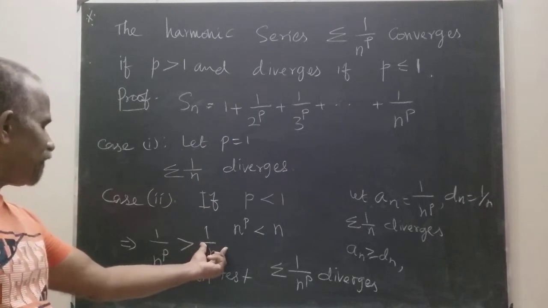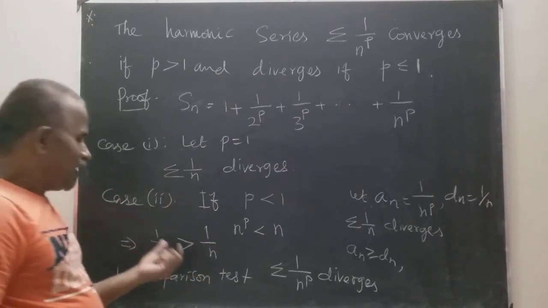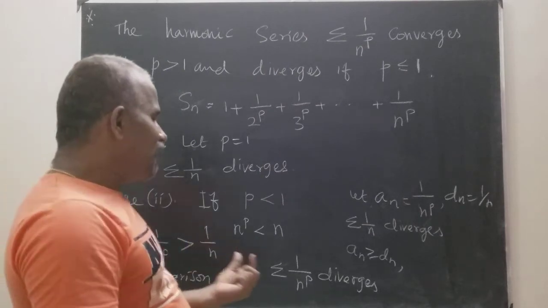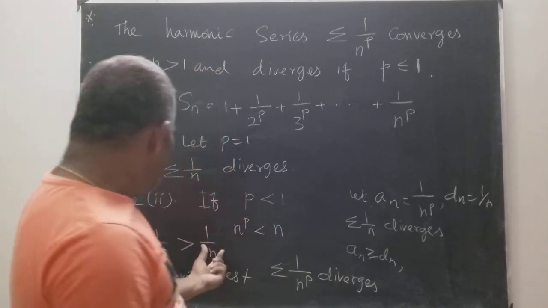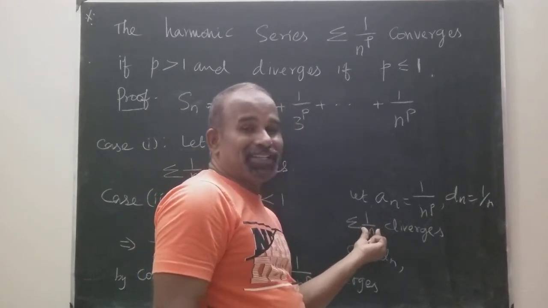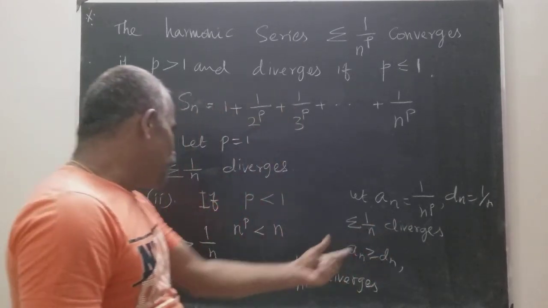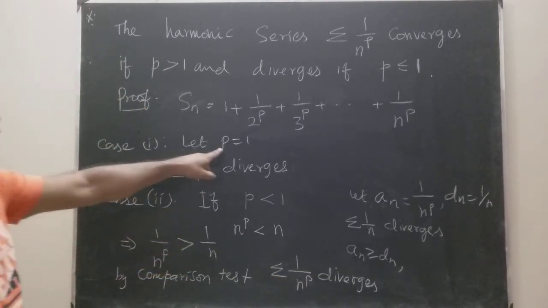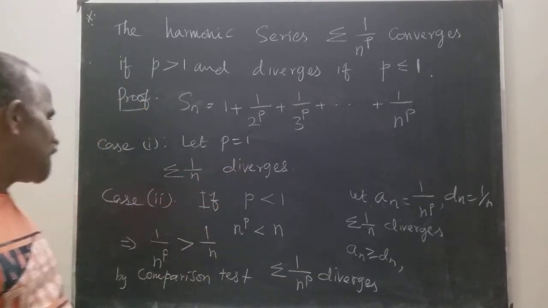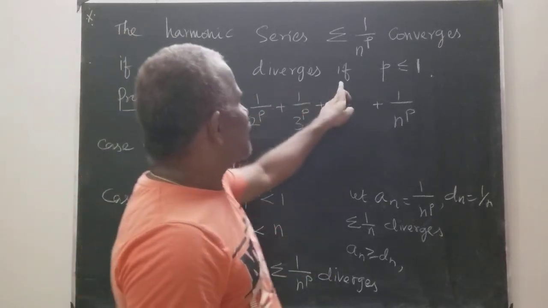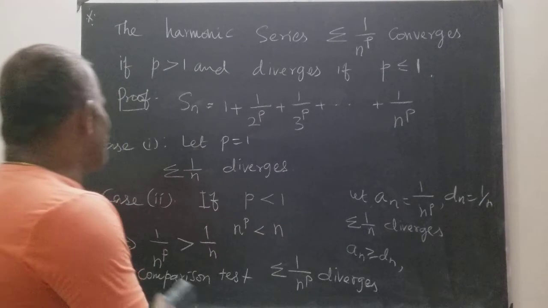Therefore, when p is equal to 1 the series diverges, and when p is less than 1 the series diverges. Therefore, it diverges if p is less than or equal to 1.